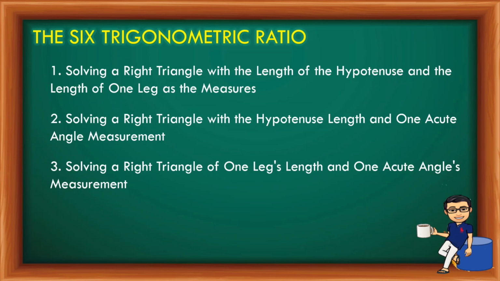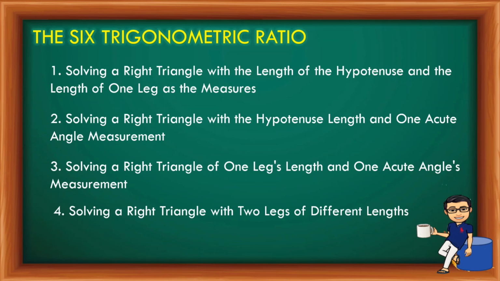So, isang measure ng leg at isang measure ng acute angle ang given naman sa third condition. And the last condition is solving a right triangle with two legs of different length. So this time around, dalawang legs naman ng triangle or right triangle ang given.